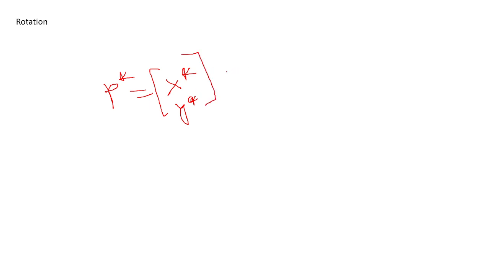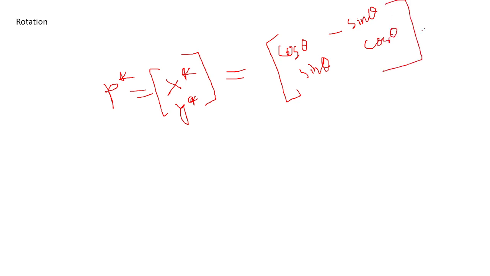Okay, so it is nothing but cos theta, minus sin theta. This is the transformation matrix: sin theta and cos theta, and this is the old position, that is x, y. Okay, so rotation is denoted as the matrix cos theta minus sin theta, sin theta cos theta, into the x and y matrix.